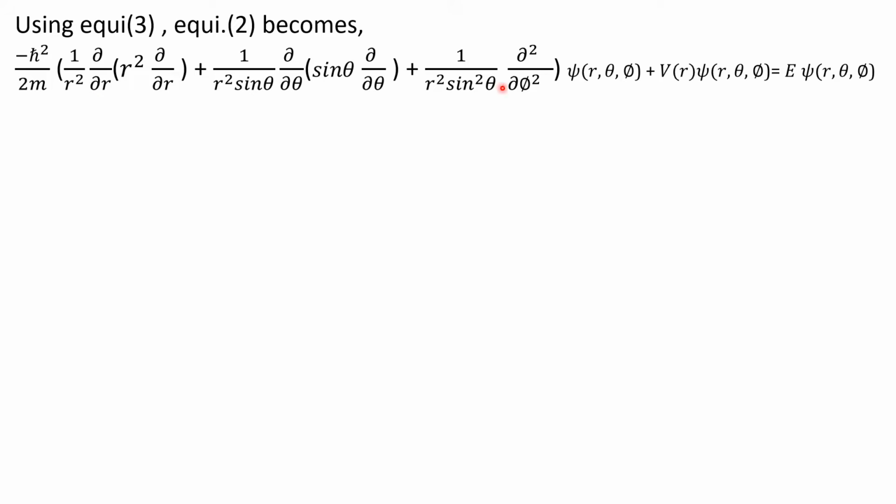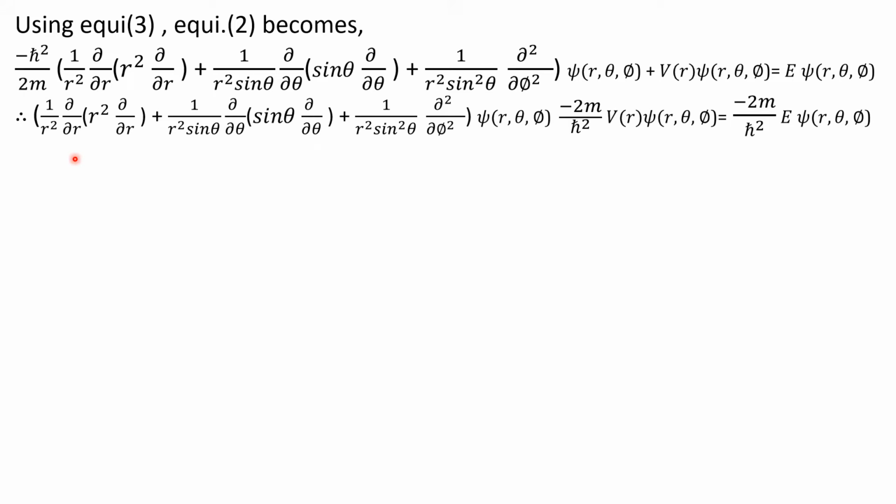Here we simplify this equation by multiplying both sides by minus 2m by h cross square. For the first term, minus 2m by h cross square cancels with minus h cross square by 2m. The second term is multiplied by minus 2m by h cross square, and on the other side we also multiply by minus 2m by h cross square.